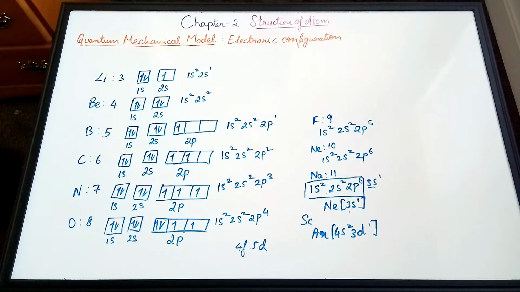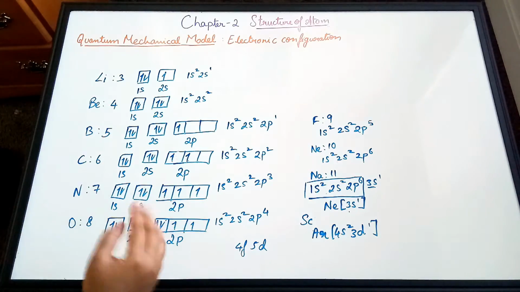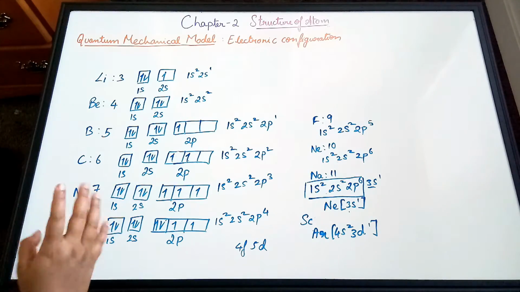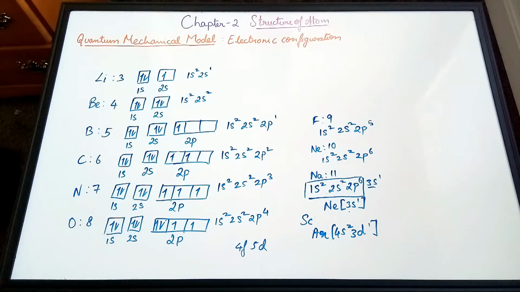Do check that out, compare it with the energy level diagram, and write down the energy level diagram in your book. Keep your atomic numbers along with the elements open, and then start filling in. The moment you start doing that, you will be able to understand the electronic configuration.